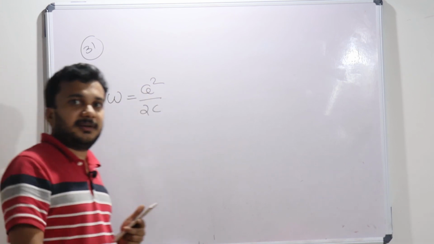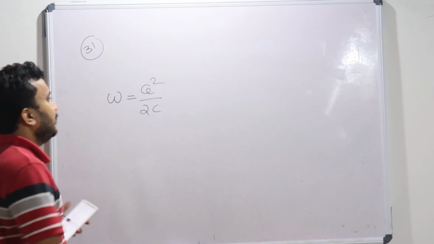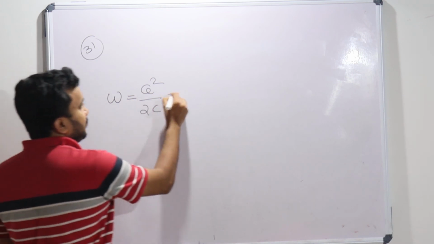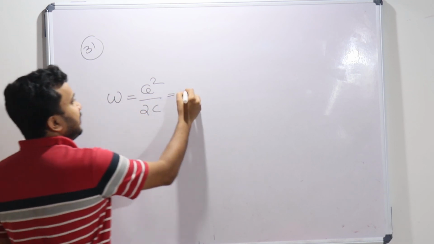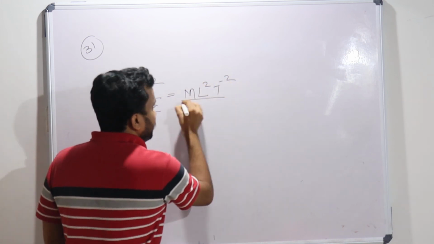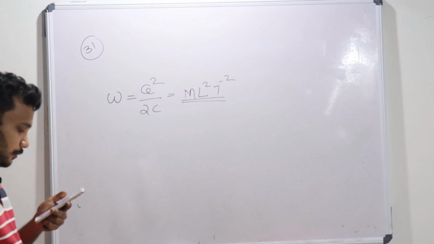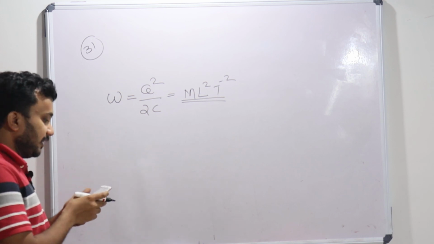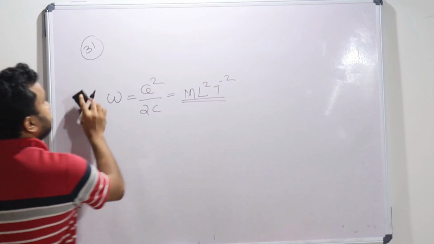As of now you can learn this by heart, but in second year it will be there in your mind. 2 has no dimension formula, so Q square by C has the dimension formula of energy, ML square T raised to minus 2. Option C is the right answer for question number 31.